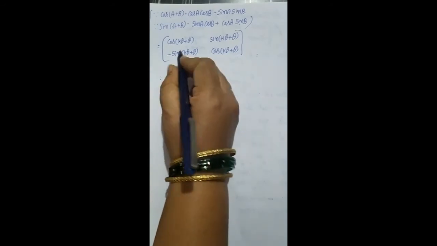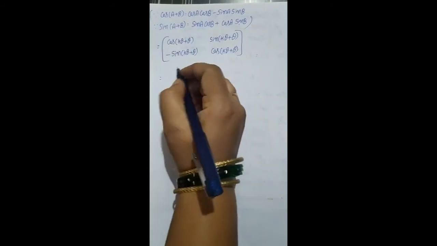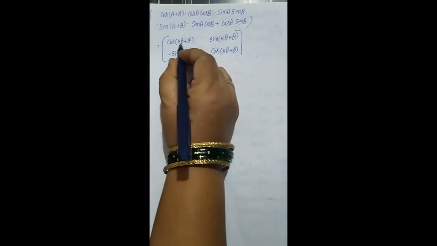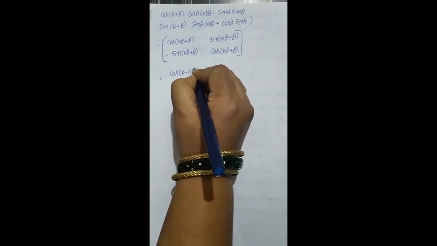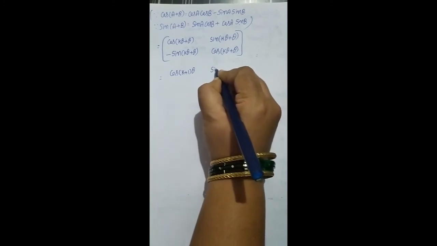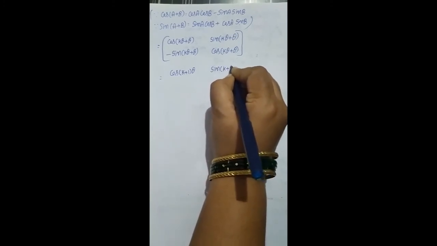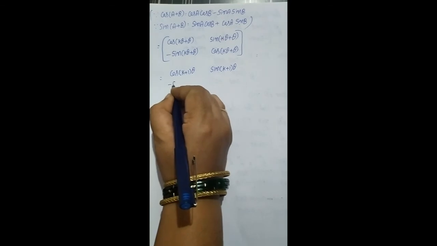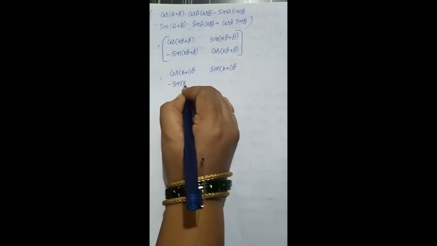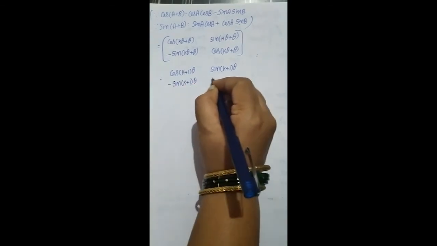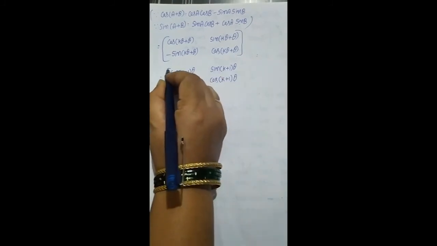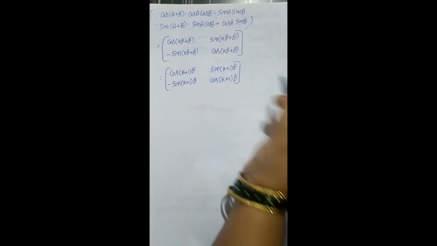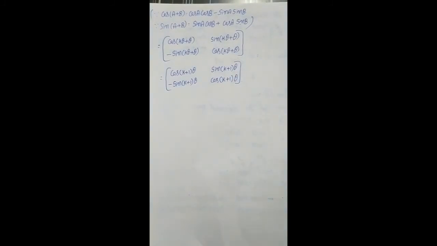That is equal to, taking theta as common, cos of k plus 1 into theta, sin of k plus 1 into theta, minus sin of k plus 1 into theta, cos of k plus 1 into theta. Compare this with P of n.